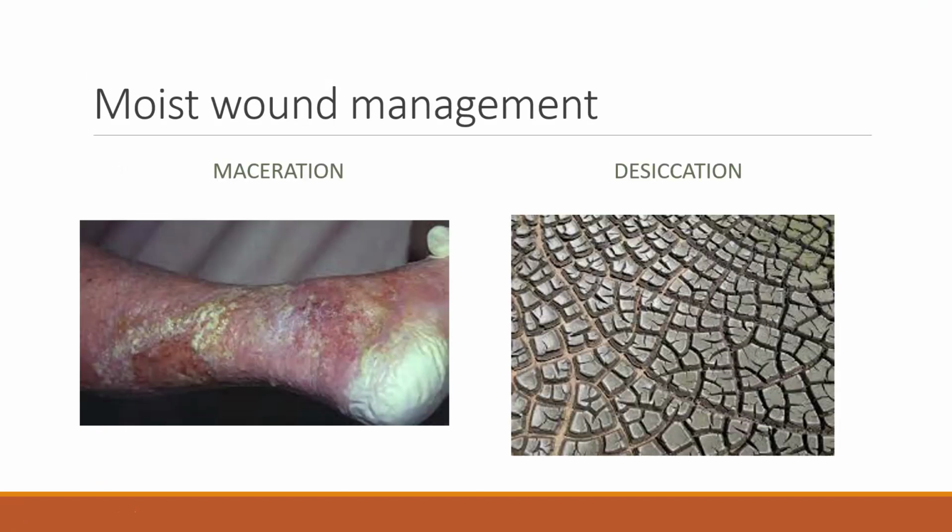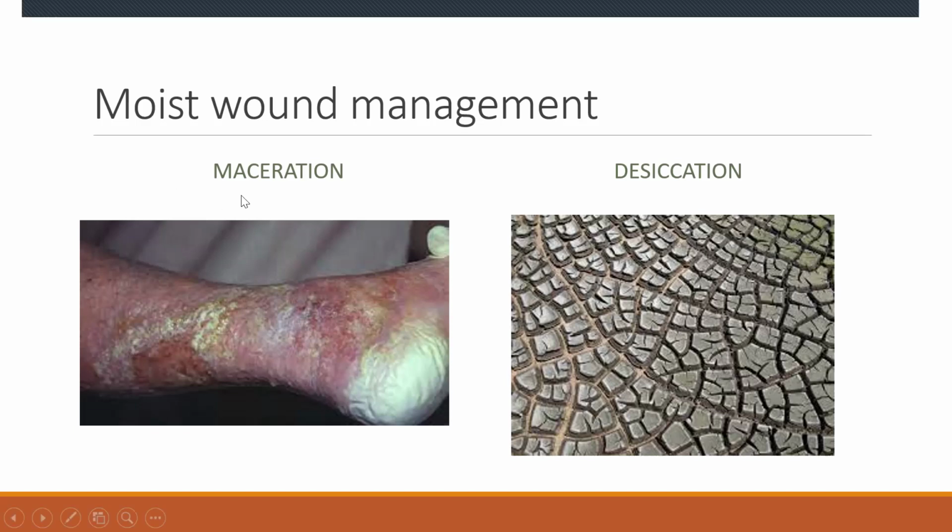Okay, so moist wound management. If the moisture is too much, it will cause maceration. And when it is too dry, it will cause desiccation. So when it's too dry, the skin cracks and is not suitable for healing. When it's too wet, you can see that white area on the skin.